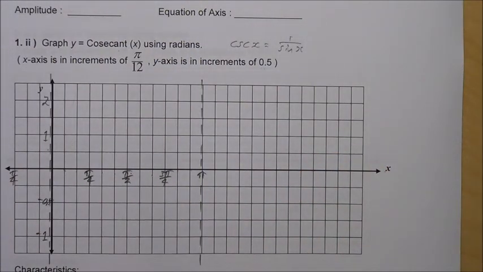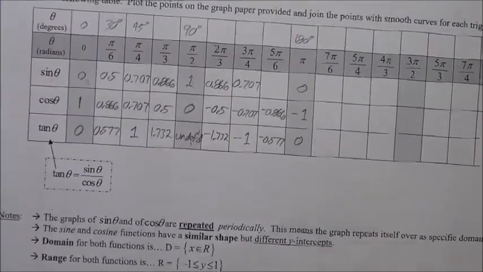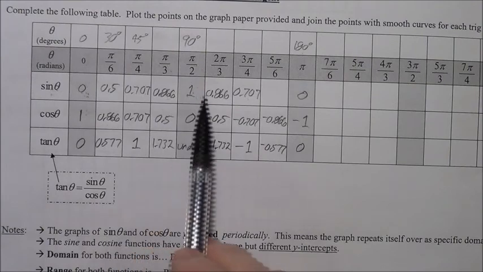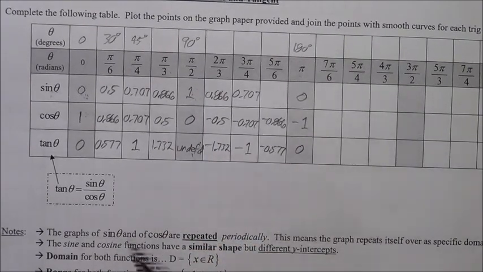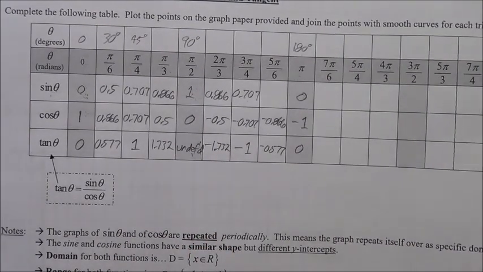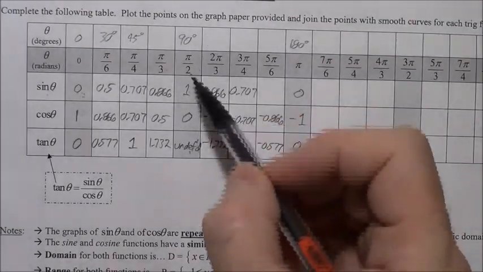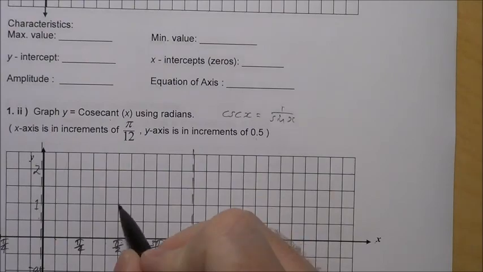And then for the rest of the values, we're just going to divide these values into 1 to get a sense of what the cosecant graph is going to look like. So of course at pi by 2, divide 1 by 1, well then that's pretty straightforward. So there's 1 right there.